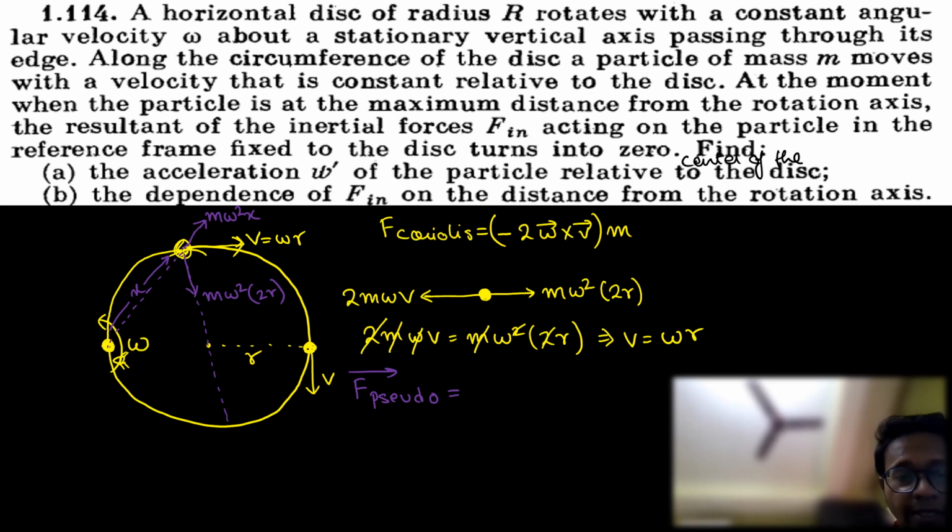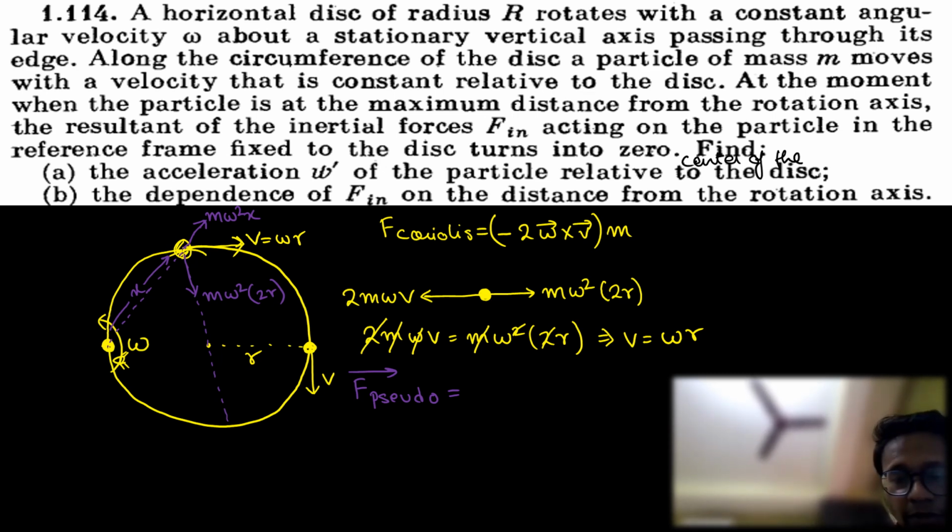Now the total pseudo force is nothing but this vector m omega square x, acting along this line, because this particle is rotating around this axis, in this circular path. So m omega square x plus the Coriolis force, which is m omega square 2r.